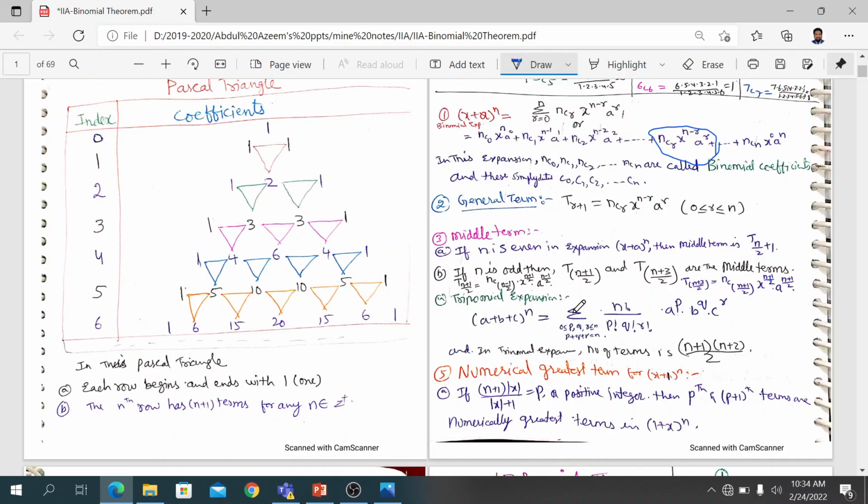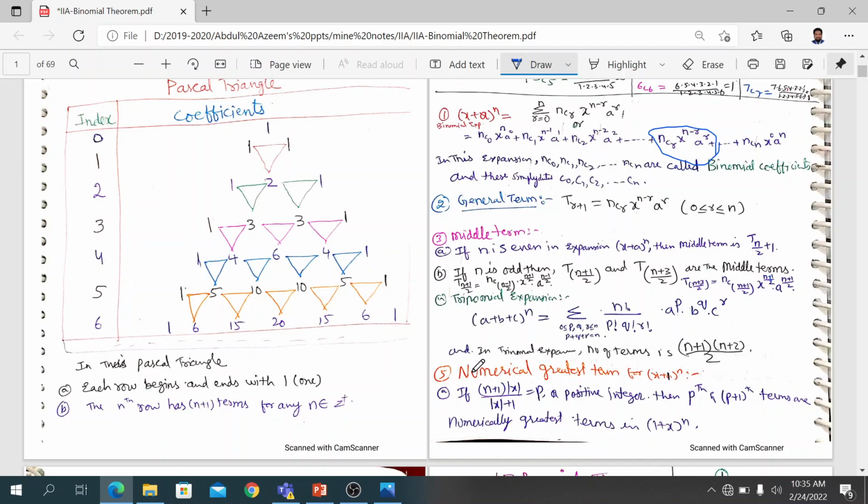This expansion is n factorial by p factorial q factorial r factorial, a power of p, b power of q, c power of r. In trinomial expansion, the number of terms is n plus 1, n plus 2 by 2.